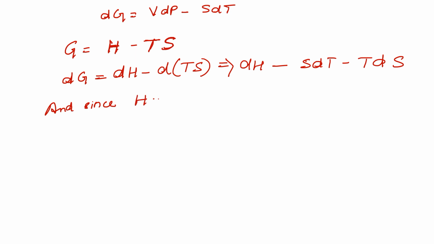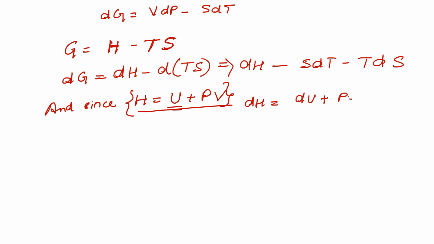and since H is equal to U plus PV, where U is my internal energy, we'll see where we get this relation from, but for the time being, since we know H is equal to U plus PV, if I plug it in here, dH will be dU plus P dV plus V dP.